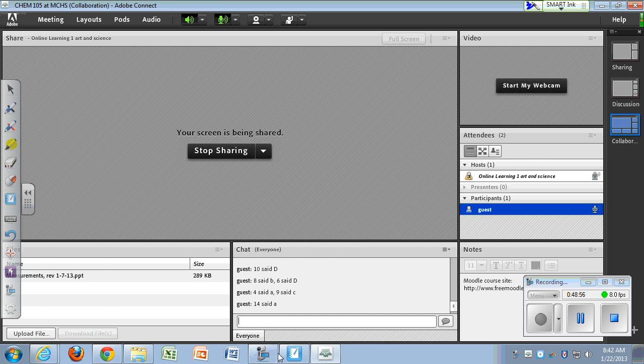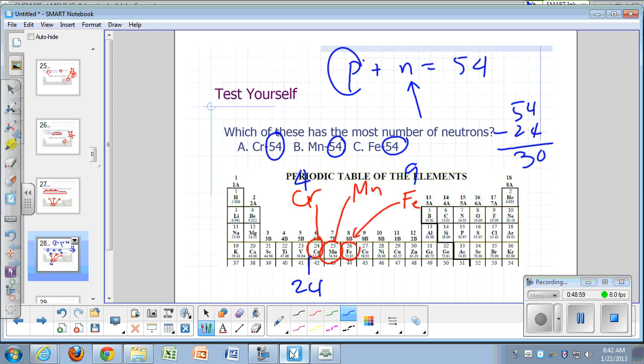Okay, much better. So the correct answer is A. Chromium-54 has the most number of neutrons.